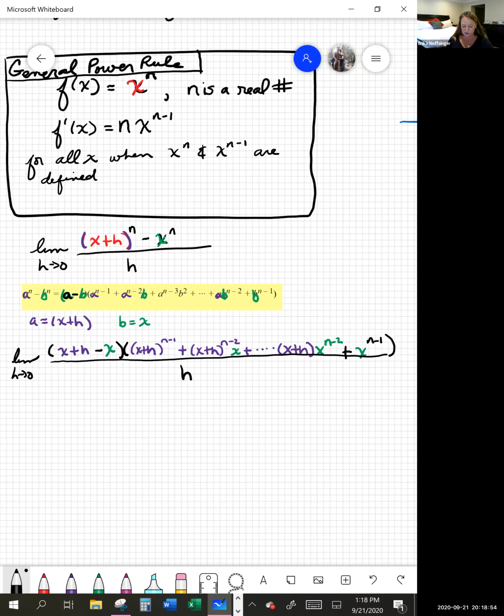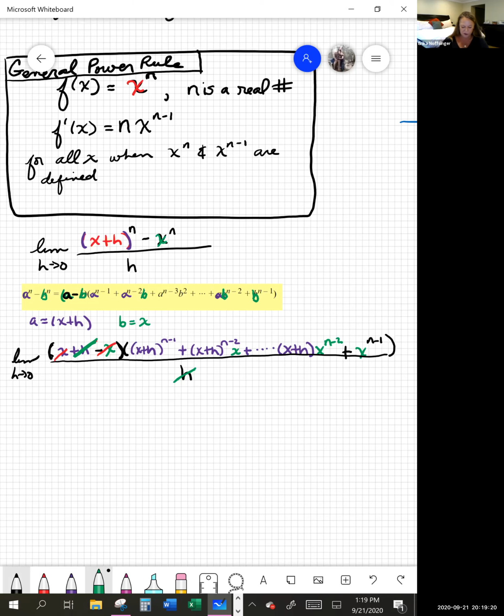Okay, so now if you look at this, that first parentheses in here, this x plus h minus x, notice that your x terms go away, which is nice. And then if that happens, we're left with this h times this whole thing. Because of that, we can cancel the h's in the numerator and denominator.